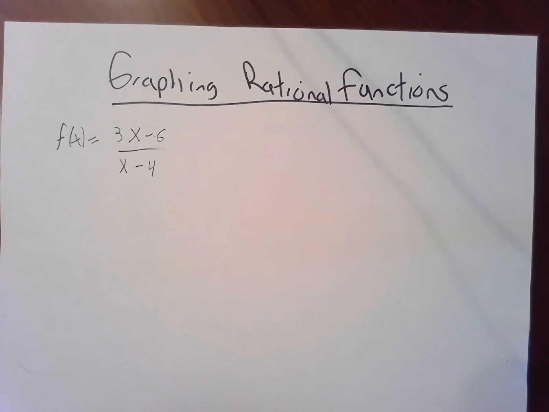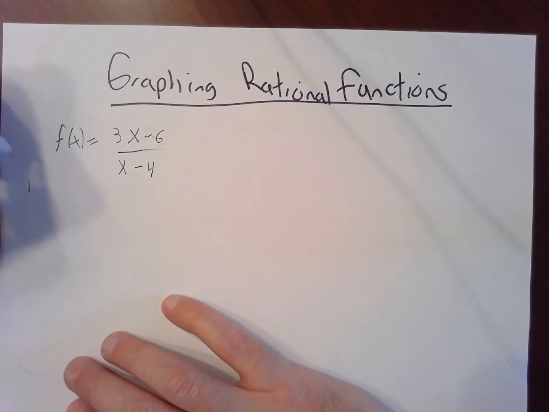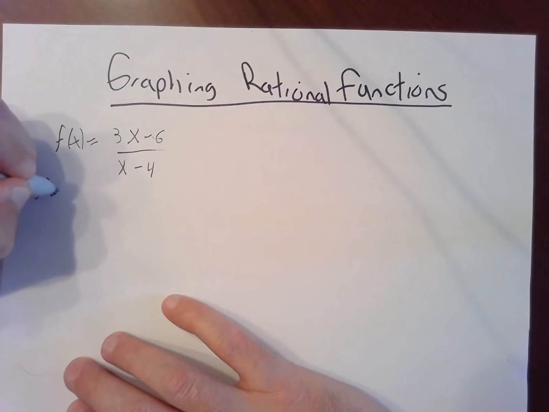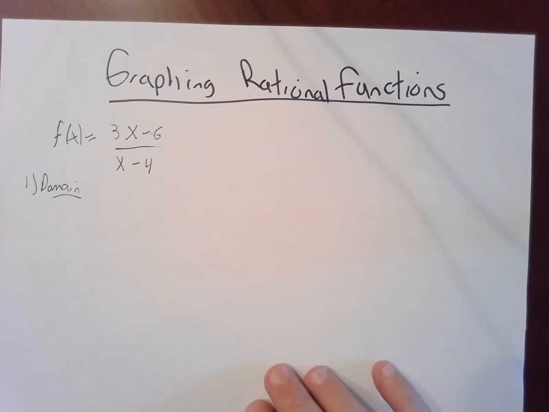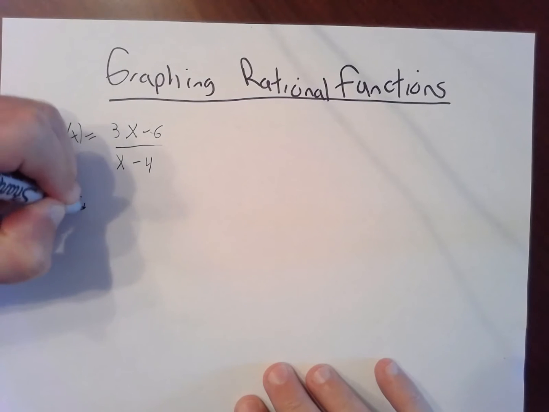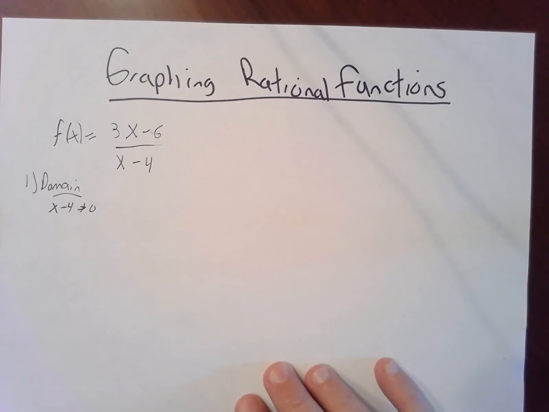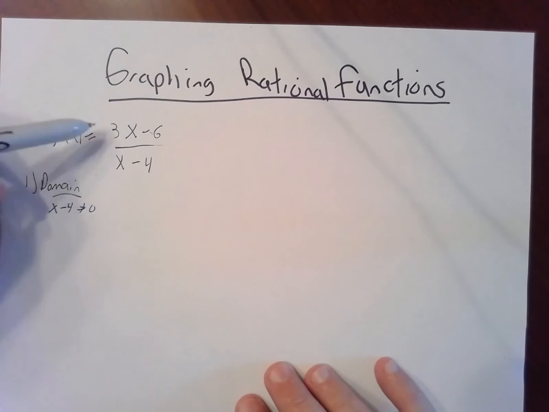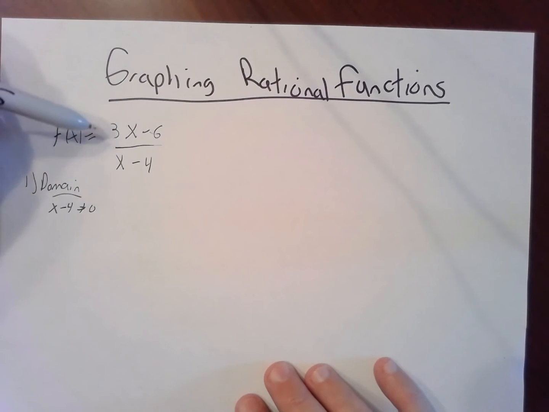First step we want to do is find the domain. So number one, domain. To find the domain, take the bottom, the denominator, say it's not allowed to be 0. Technically, our first step is factor top and bottom. The only thing we could factor out here is a 3.